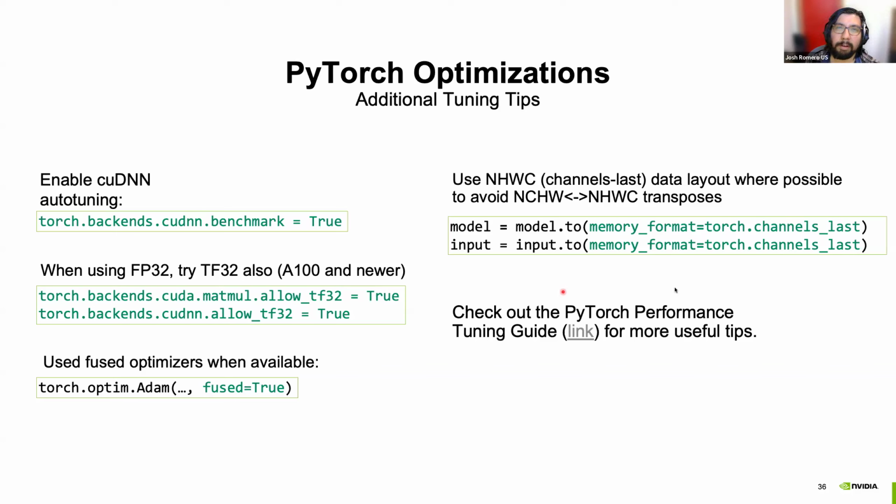CUDA graph support, I don't know what the state of that is in TensorFlow or Keras, so that's probably PyTorch specific. As I generally say, these days a lot of people use PyTorch, and a lot of the optimizations, a lot of the LLM training stuff that NVIDIA generates these days, is mostly in PyTorch.